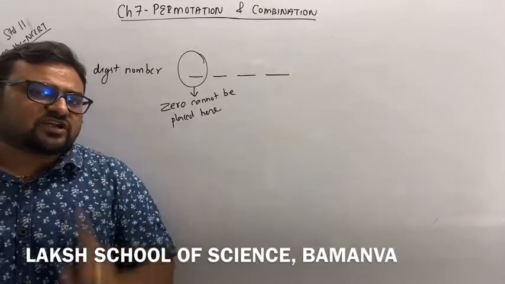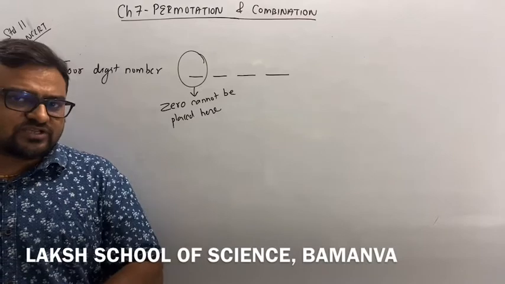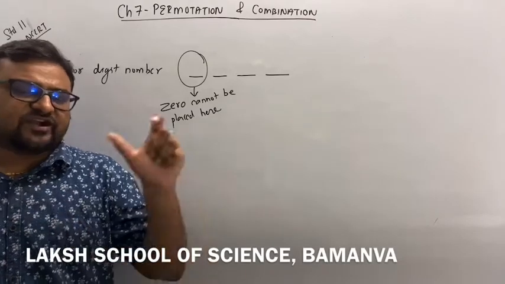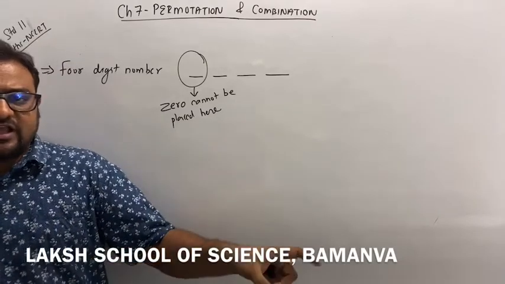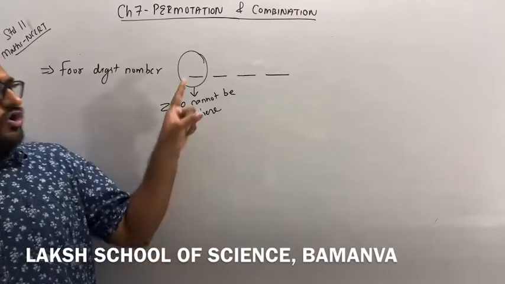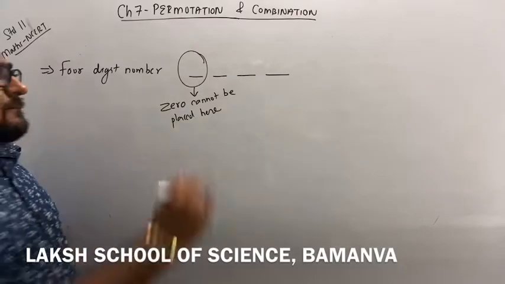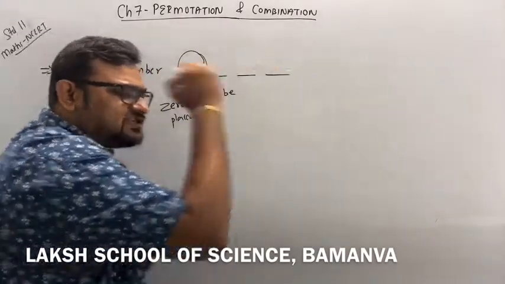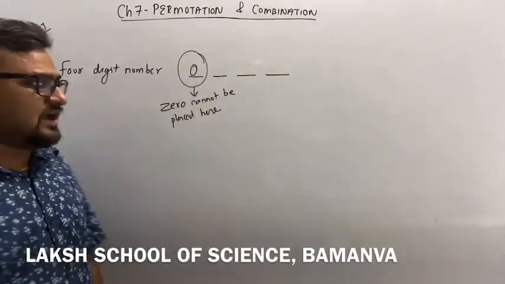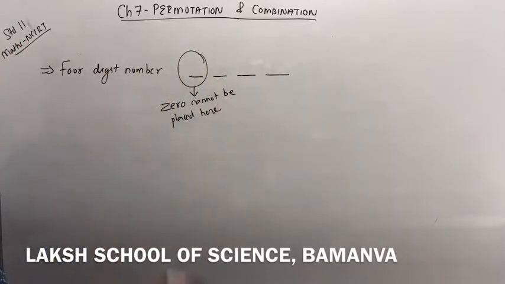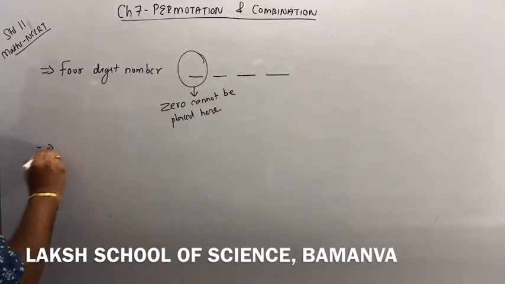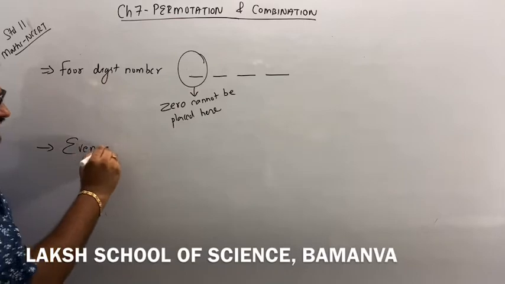So the first condition, whatever the question is, 3-digit, 4-digit, 5-digit, remember that you cannot put 0 at the first place. Or else, if I put 0 here, then it will be a 3-digit number, not 4-digit. So not only for 4-digit, for any digit. Now, second, even number.